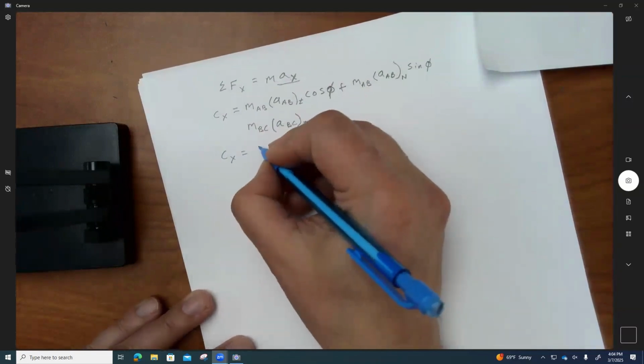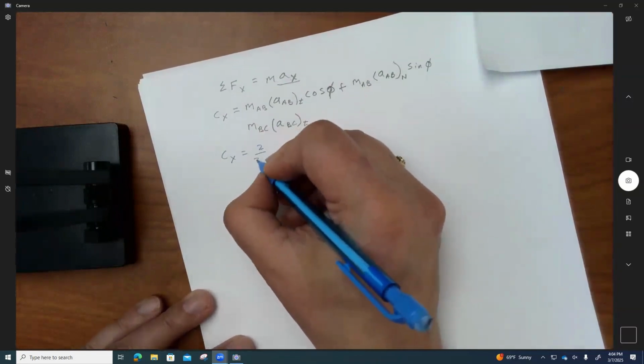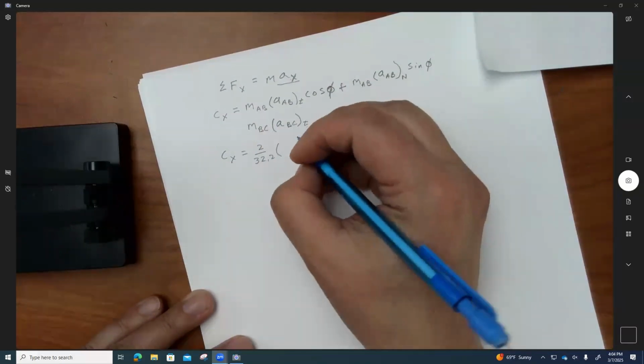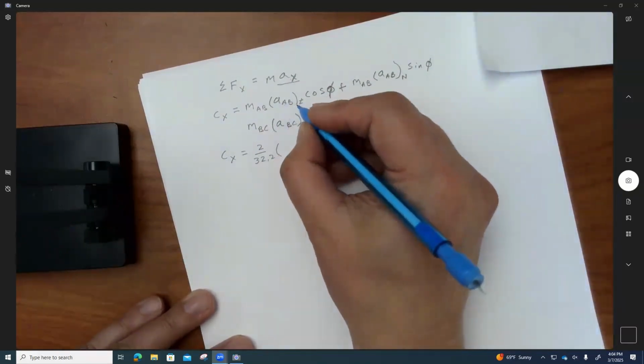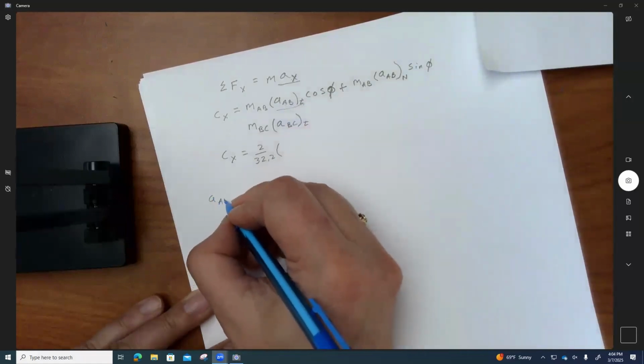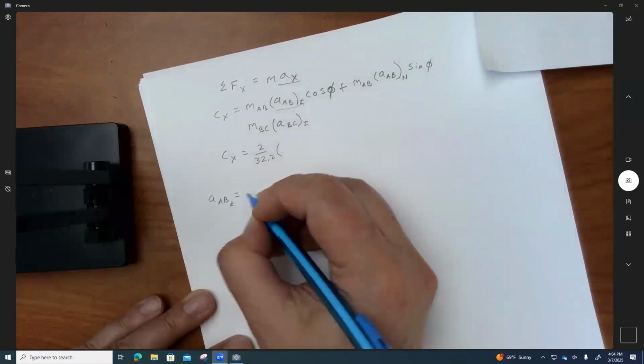Mass of AB, 2 divided by 32.2 multiplied by, what did we say AB tangential was going to be equal to?